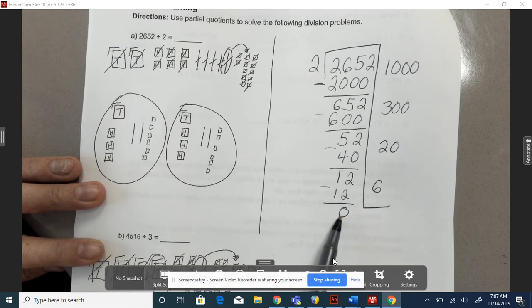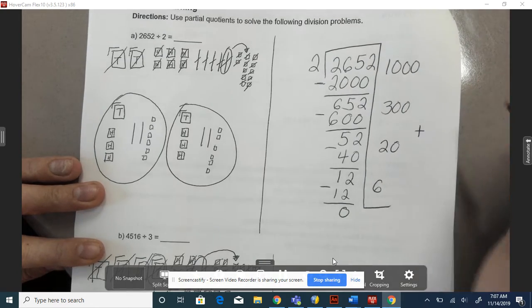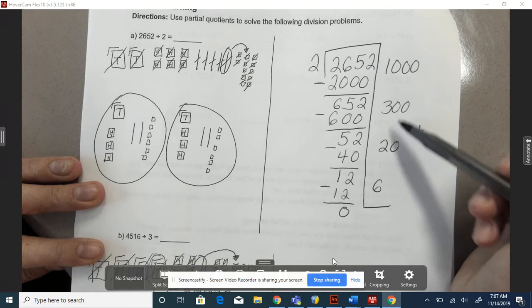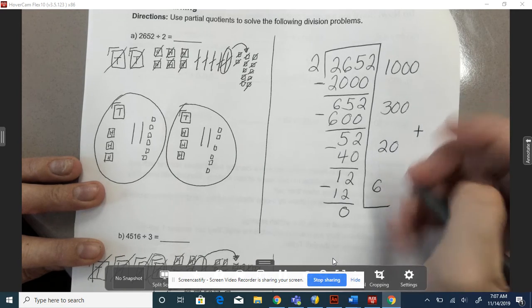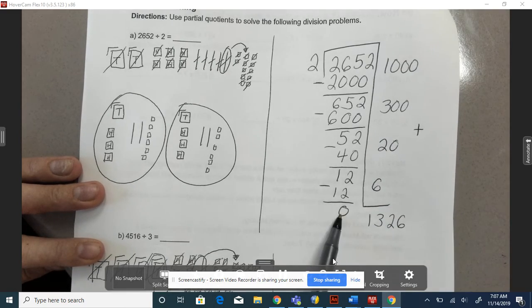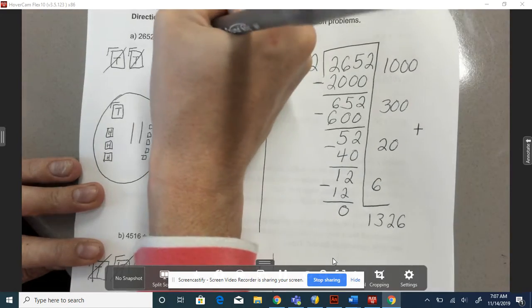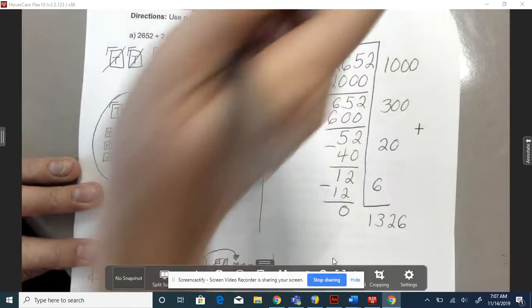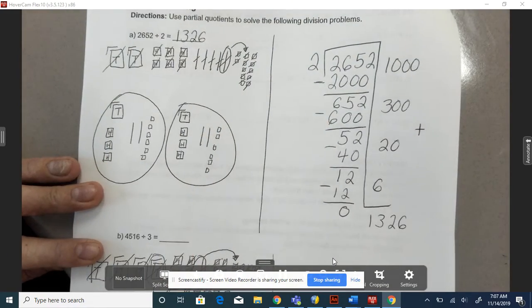When I have nothing left over, I know that I'm done dividing. I can add these up. 1,000 plus 300 plus 20 plus 6 equals 1,326. There's no remainder. So my quotient, or my answer to a division problem, is 1,326. Let's move on to B.